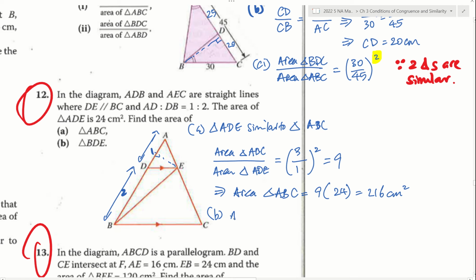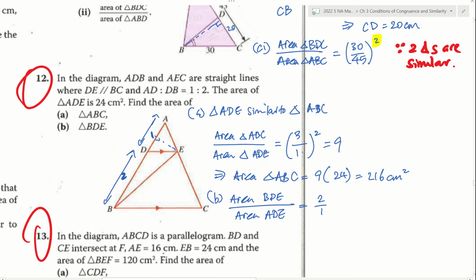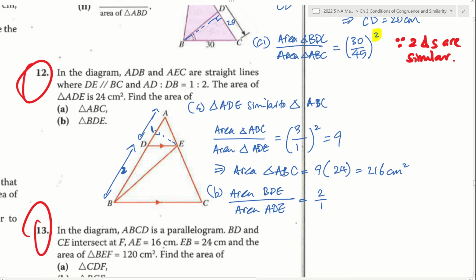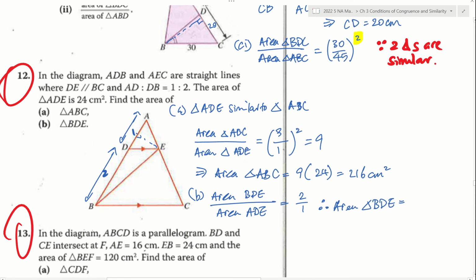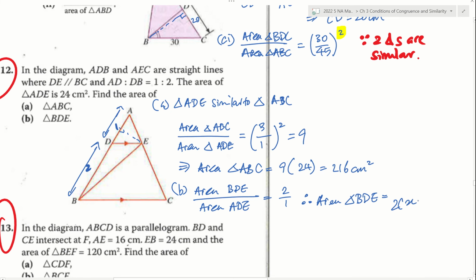So area BDE over area of the known triangle, which is ADE, because they have the same height, it will be 2/1. Ratio of the bases only. So area triangle BDE will be twice of ADE, 2 times 24. We get 48 square centimeters.